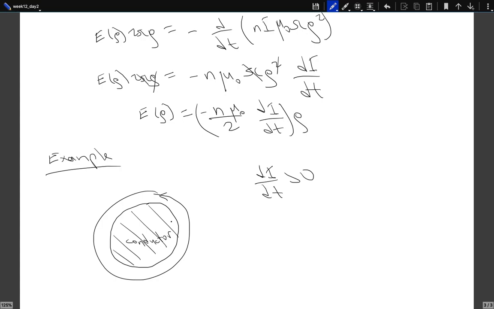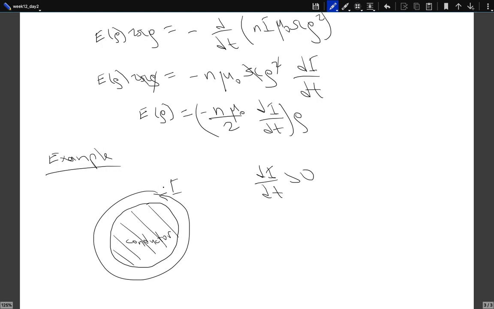So you are increasing the current, let's say, at a given instant. Then the direction of the induced electric field would be clockwise or counterclockwise? We already said that if I is increasing, it will try to resist it, so it should be pushing the current in the opposite sense.